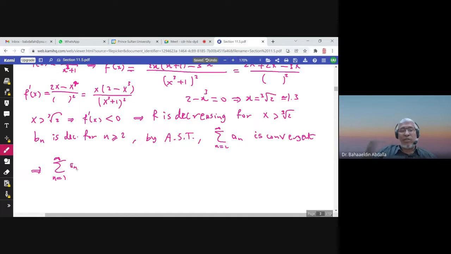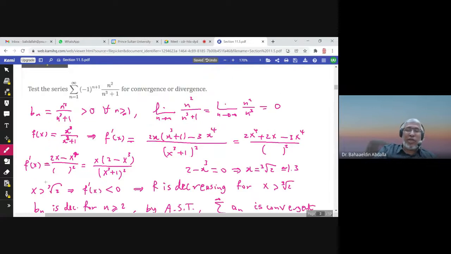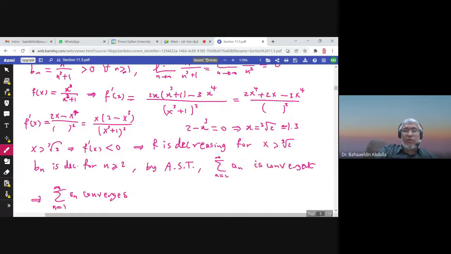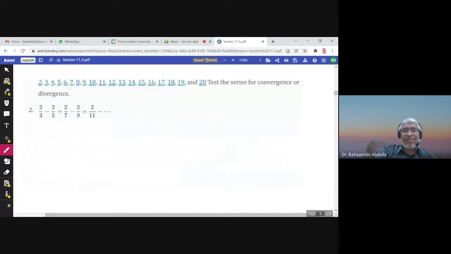This does not affect the convergence. So the series summation an from 1 to infinity also converges, where this is an. So this is what you need to do to use the alternating series test.